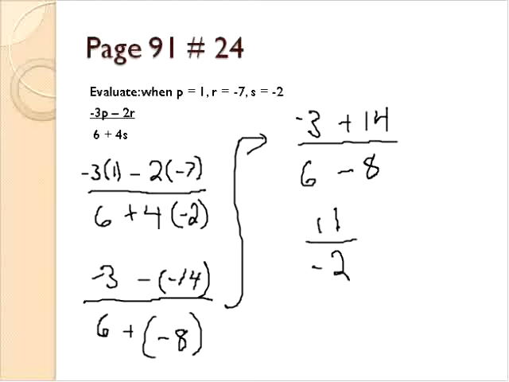And now we just combine all of our terms. -3 plus 14 will give us a positive 11, and 6 minus 8 will give us a -2. As I said earlier, the standard way of writing this is -11/2. We know this negative goes with the fraction, so we can put it up top or in front of the entire fraction.